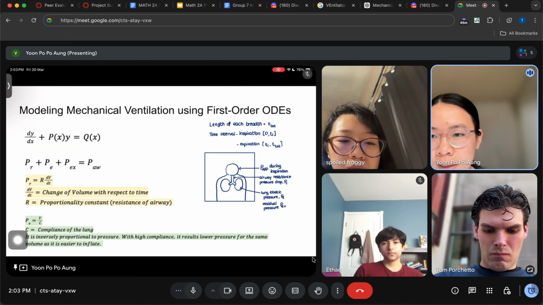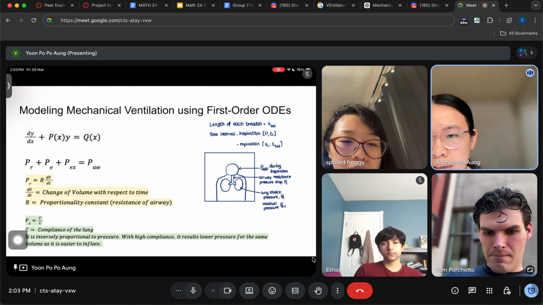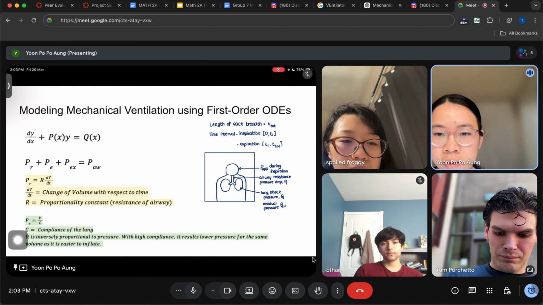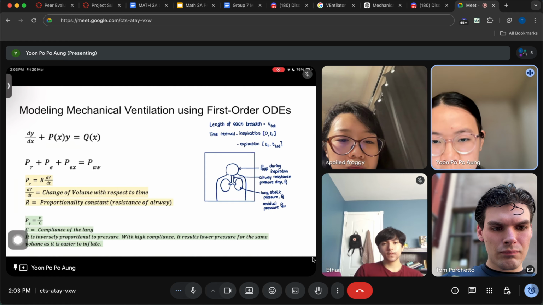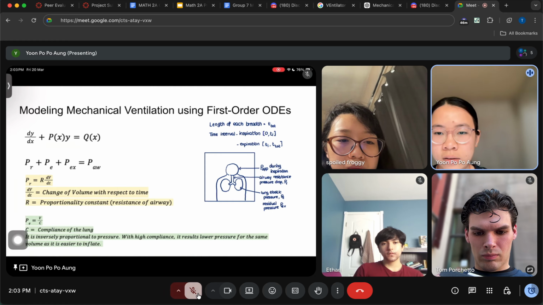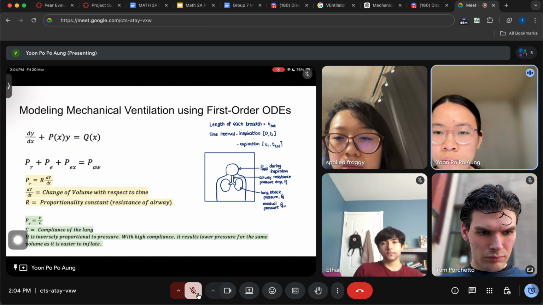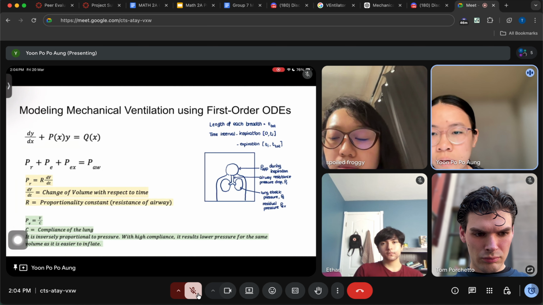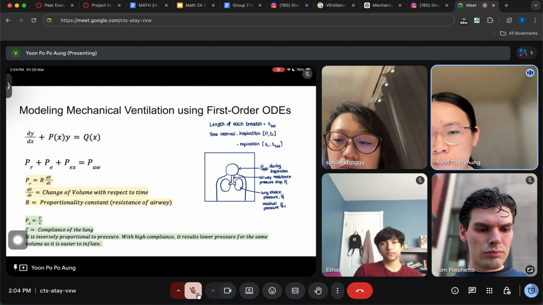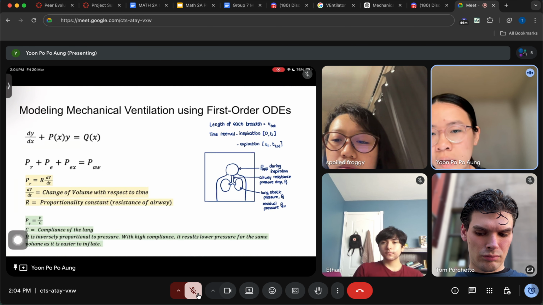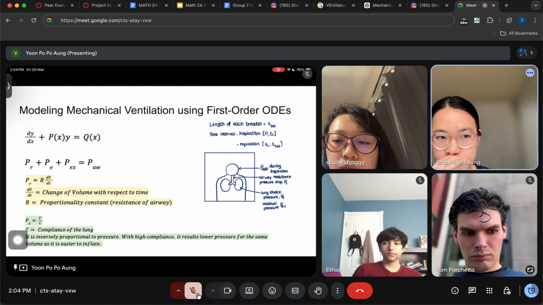We can also find P_E, the lung elastic pressure, where C is the compliance of the lung. Compliance is inversely related to pressure, because with high compliance, the pressure is lower for the same volume, as it is easier for the lung to inflate.